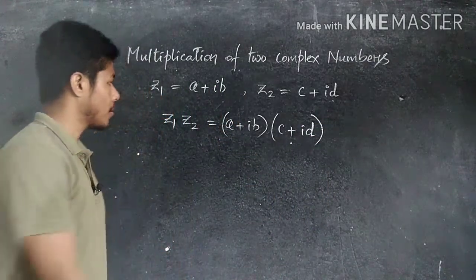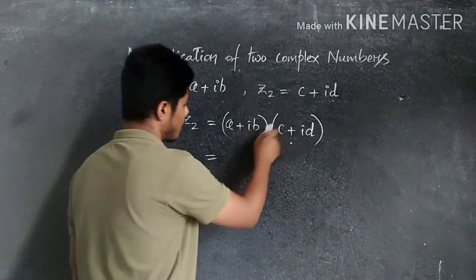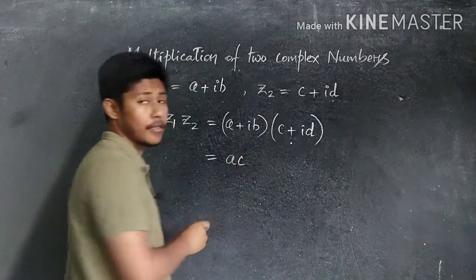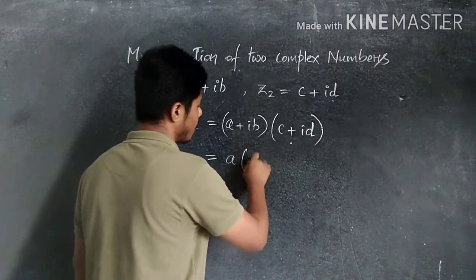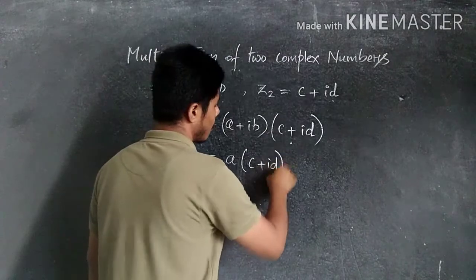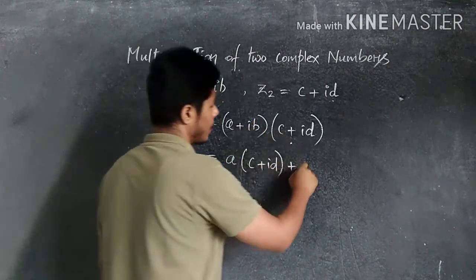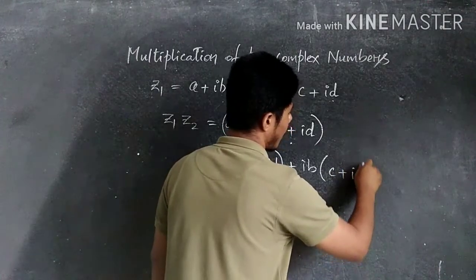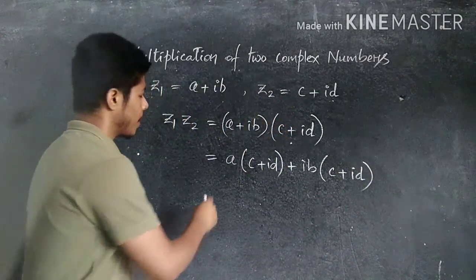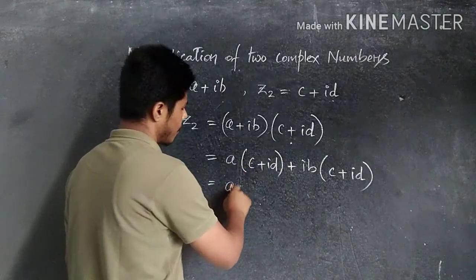Is it clear? Now if you multiply these two, a into c, so we write ac.